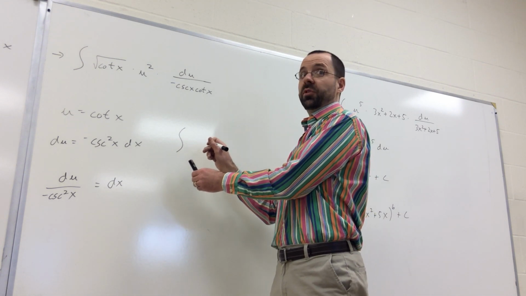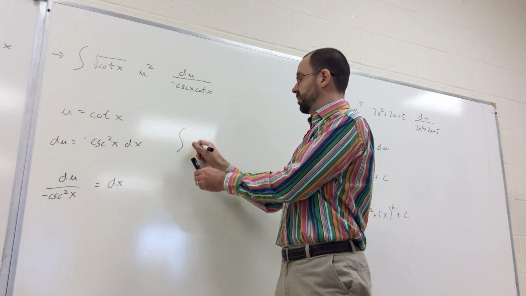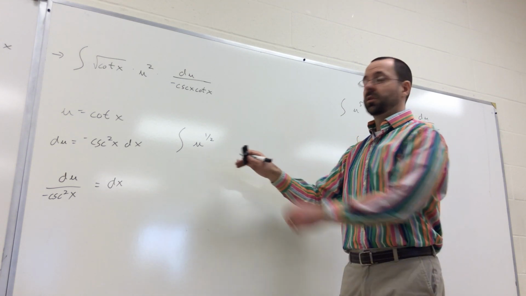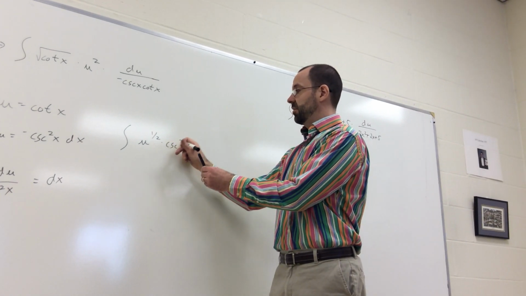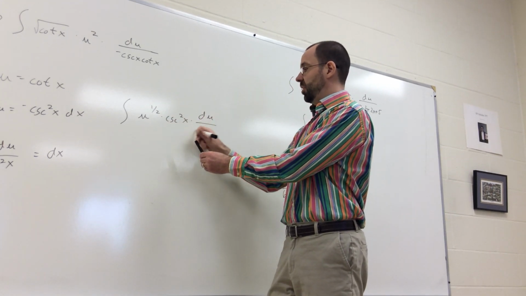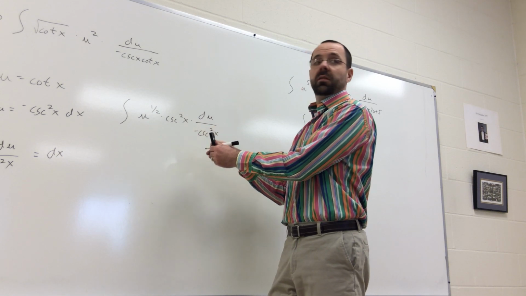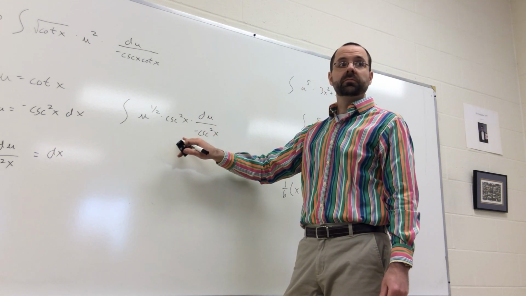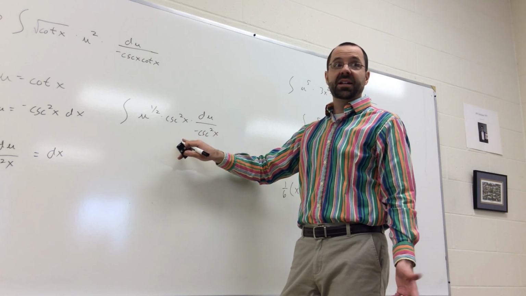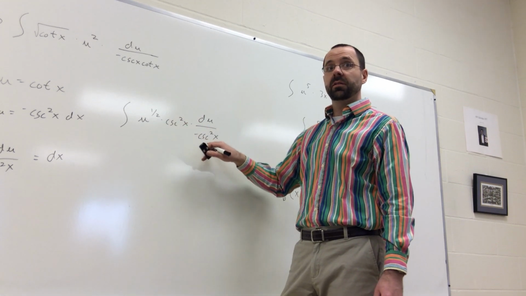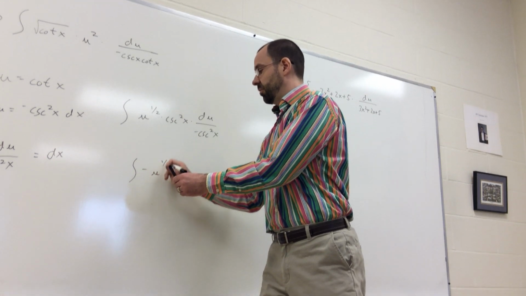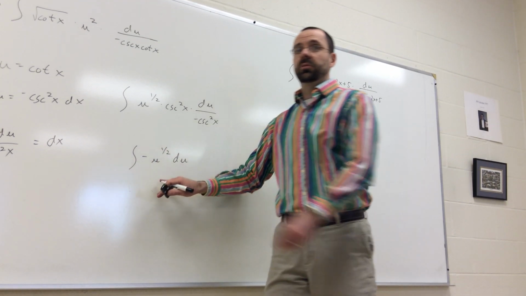So that's the square root of u, which is u to the 1/2. Cosecant squared is still there for now. But then dx is du over negative cosecant squared. So then that's nice, right? Because those are going to cross out. So my antiderivative is negative u to the 1/2 du.